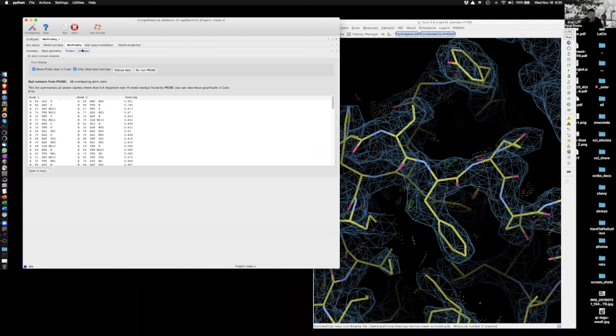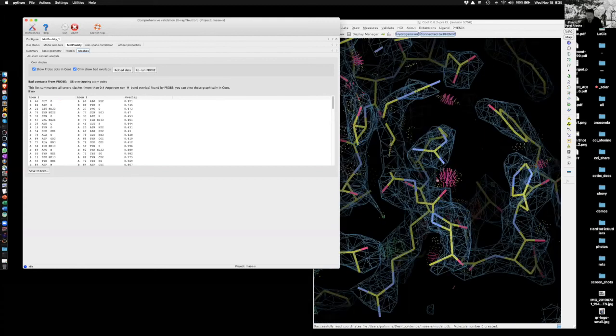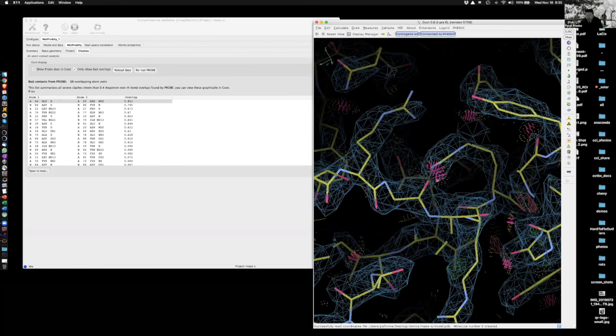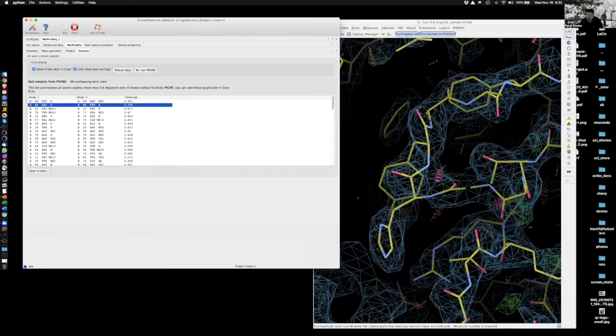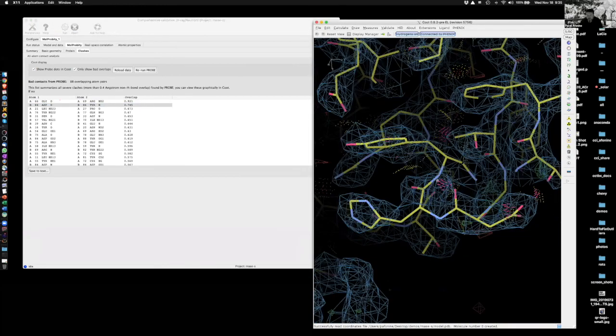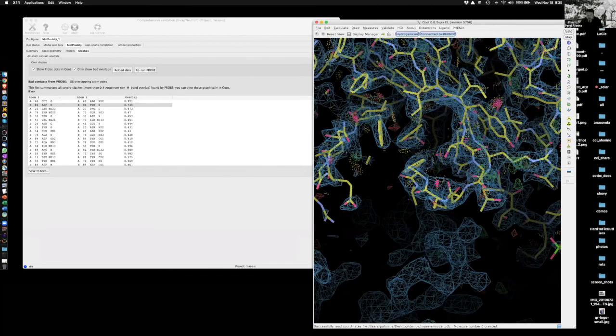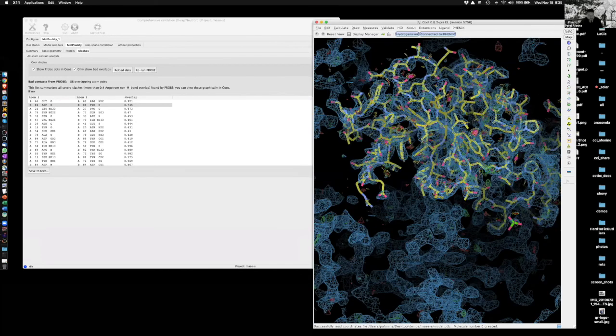You can go to clashes, and there will be a clash list here. I think it's ordered from worst to less worst. So that shows severe clashes. And you just keep going and looking at where you are with your initial structure.